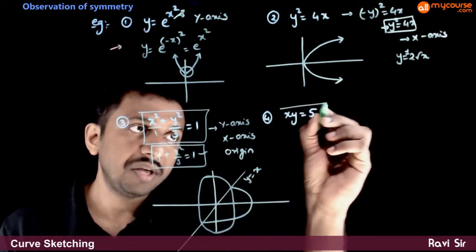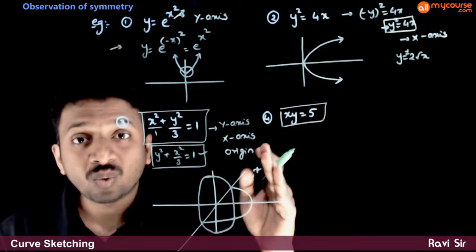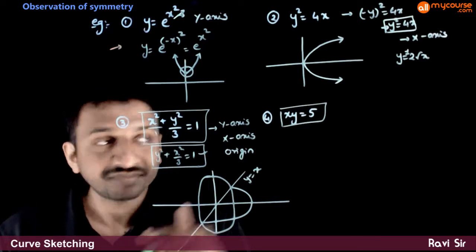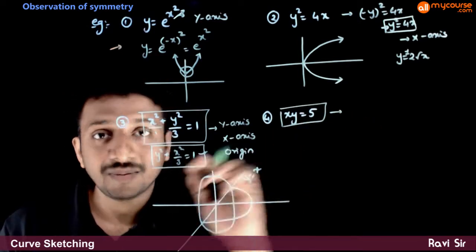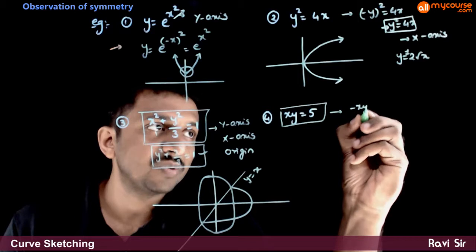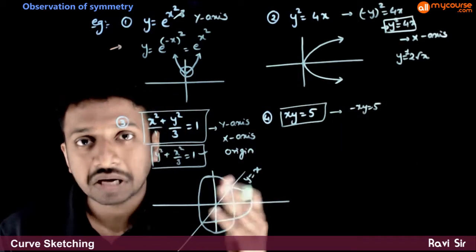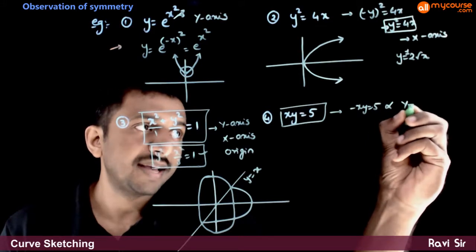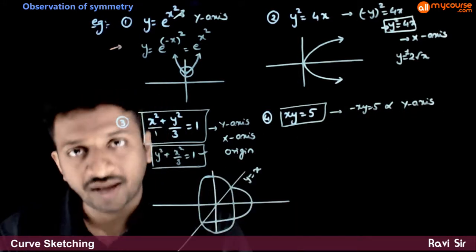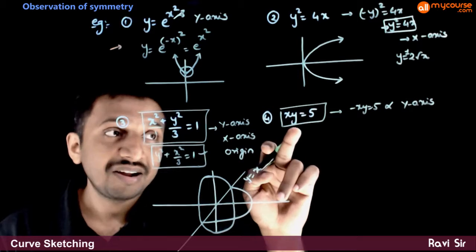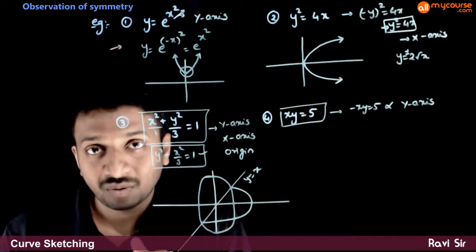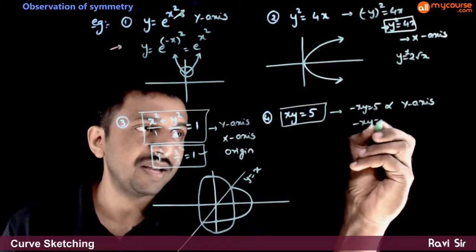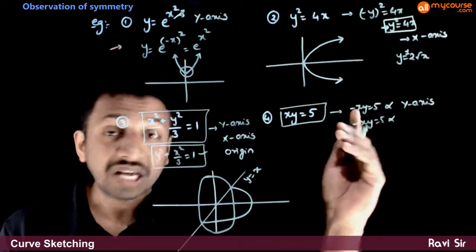Next, if you go here, xy is equal to 5. Put minus x in the place of x. You get minus xy is equal to 5. The curve has changed. So it is not symmetric about the y-axis. Put minus y in the place of y. Here also you get minus xy is equal to 5. The curve has changed.